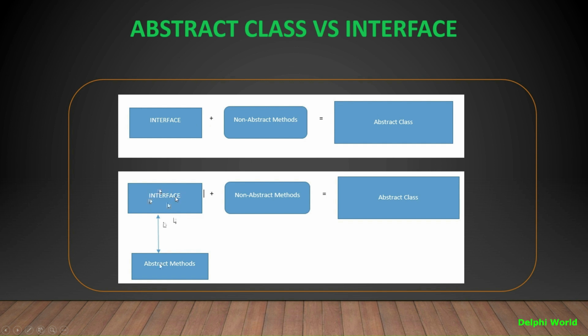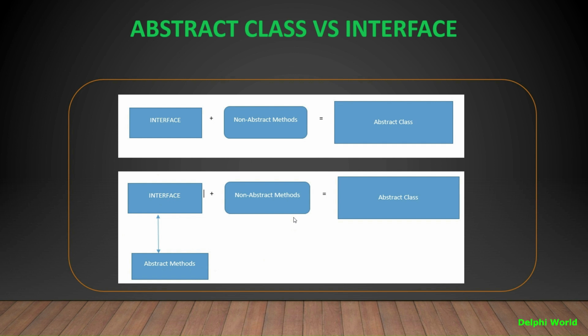All methods are abstract methods. Plus non-abstract methods is called an abstract class. So an interface is called a pure abstract class, where all the methods of the interface are abstract methods. The combination of abstract and non-abstract methods is again called an abstract class. So this is the basic difference between the abstract class and interface.